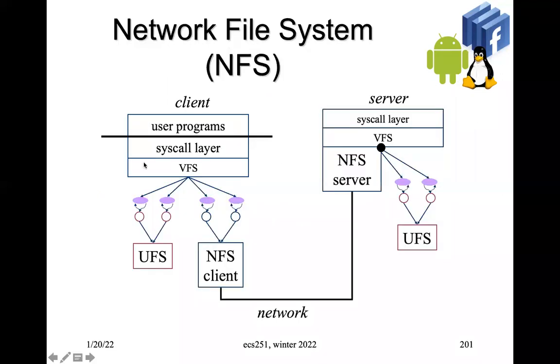Okay, so now I'm going to tell you an interesting situation about NFS, network file system. So we have a client-server situation. This is the NFS server, and this is the NFS client. In the client, when you want to open the file, the user application doesn't know whether this is UFS or NFS. So what is NFS?